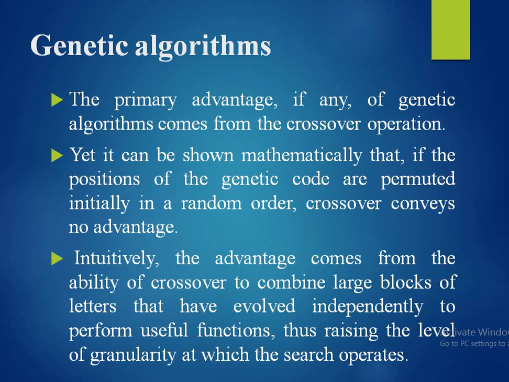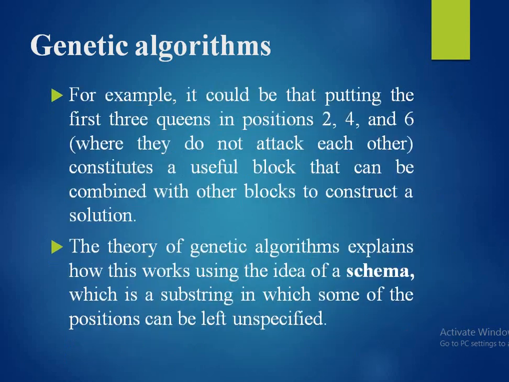The advantage comes from the ability of crossover to combine large blocks of letters that have evolved independently to perform useful functions, thus raising the level of granularity at which the search operates.